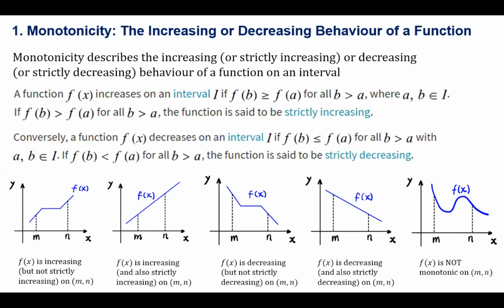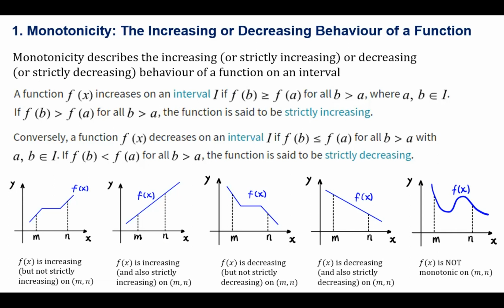A function f(x) increases on the interval I if f(b) is greater than or equal to f(a) for all b greater than a, where a and b belong to some interval I. If f(b) is strictly greater than f(a) for all b greater than a, then the function is said to be strictly increasing.